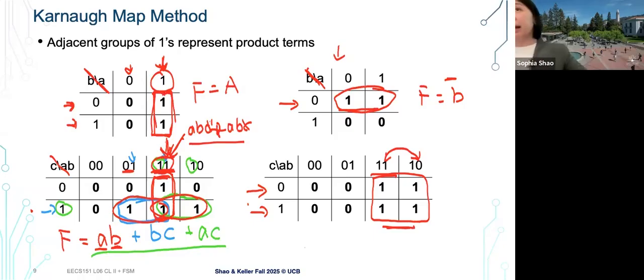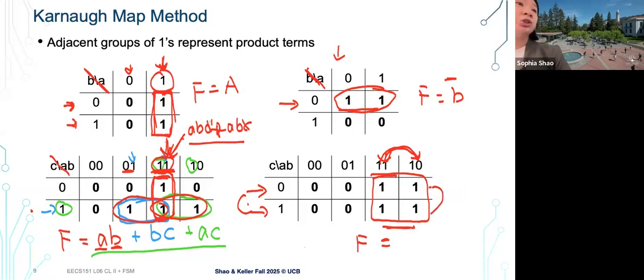So when you get to a bigger circle, you can eliminate more terms. In this case, if we get this full circle, B doesn't matter when we compare the different columns, and C also doesn't matter when we compare different rows.